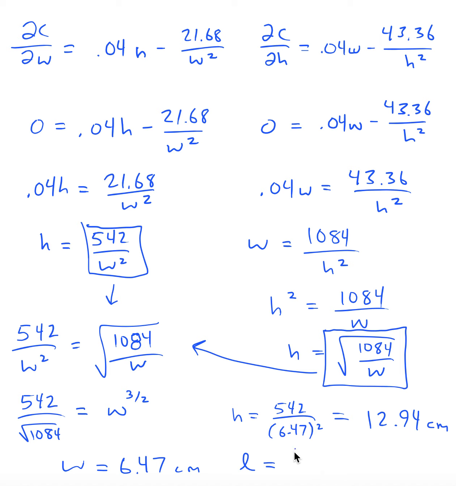There was a formula from the past, 542 over W times H. And the length is 6.47 centimeters as well. All right, that gives us the ideal dimensions of this milk carton, which would minimize the cost of the materials.